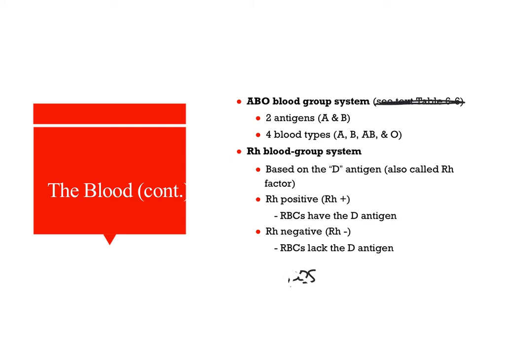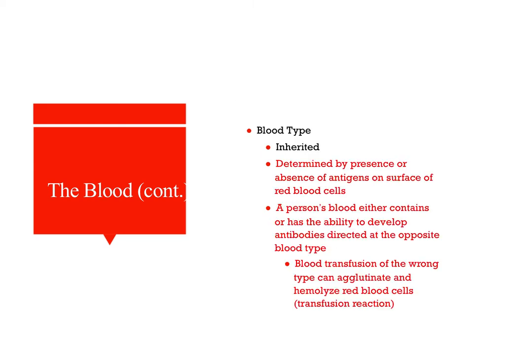You don't have to know much about this other than we have 4 different types of blood, and then we have Rh positive or Rh negative blood. We're not going to go into deep details about this. You have a lot of other information that you need to be learning.